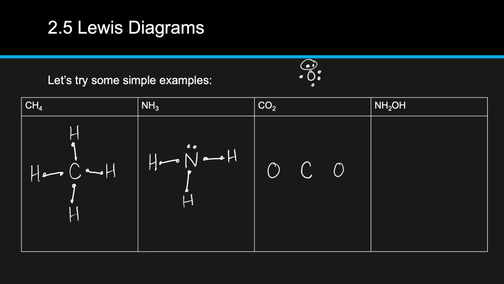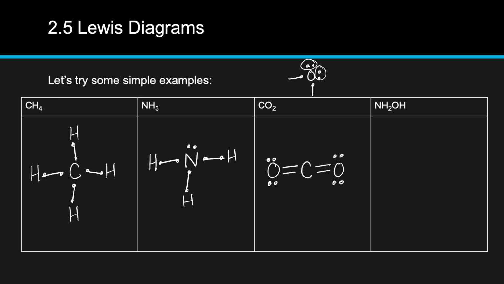So it's going to want to have 2 lone pairs, and it's going to want to bond out twice. So since these oxygens are terminal atoms for this molecule, both of the bonds are going to go to the carbon. And then don't forget to draw your lone pairs.